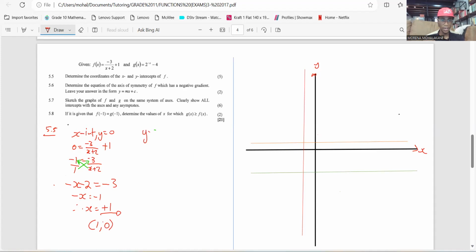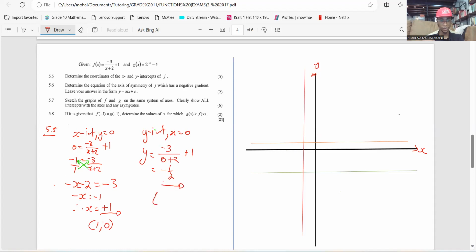Then when I calculate the y-intercept, the value of x now is becoming 0. Right, so I'm going to have y equal to -3 over 0 plus 2, plus 1. So this gives me -1 over 2. It's my final answer.